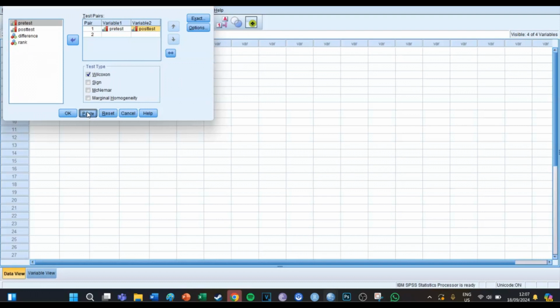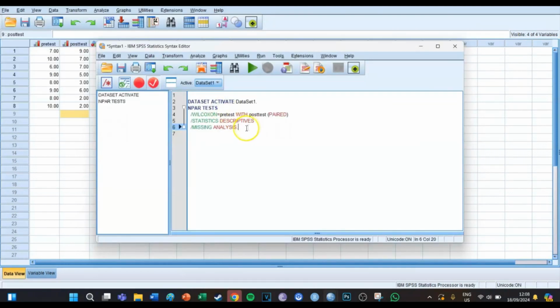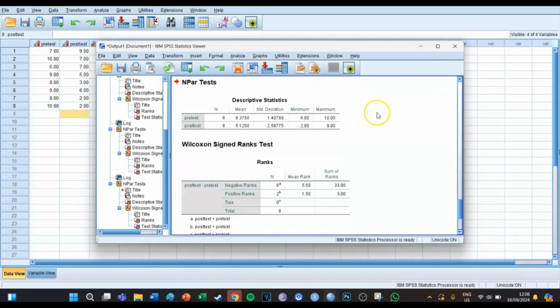So a syntax will open, except my SPSS is a bit laggy right now. Alright, and if you then go to the syntax and you select the non-parametric Wilcoxon signed rank test, and you press the big green play button, then you first get the descriptive statistics, so with the means. So you can see that the mean before the pre-test was a lot higher than after the post-test.